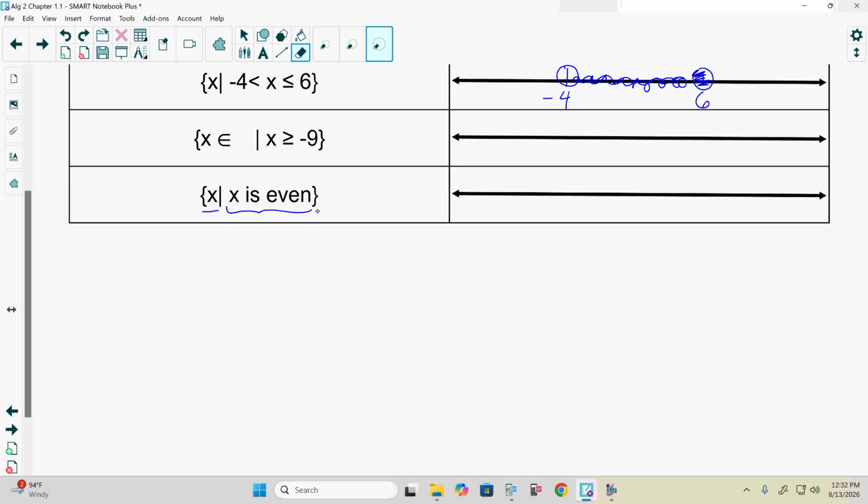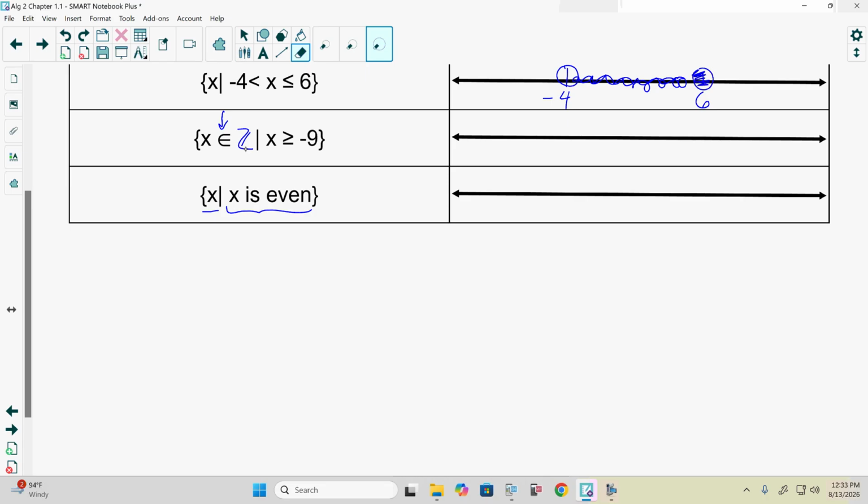The one above it, x, the element symbol. This is element. X is an element of, y'all remember what that symbol is? Take a look, because we had it yesterday. Should be on page 1. Integers.